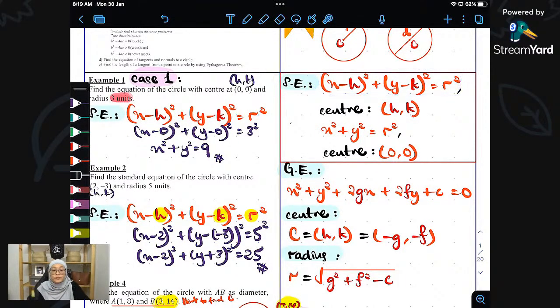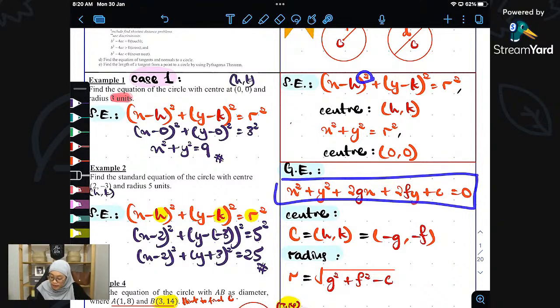But for the general equation, how many terms do we have? We have x squared plus y squared plus 2gx plus 2fy plus c. How many terms do we have? 1, 2, 3, 4, 5.